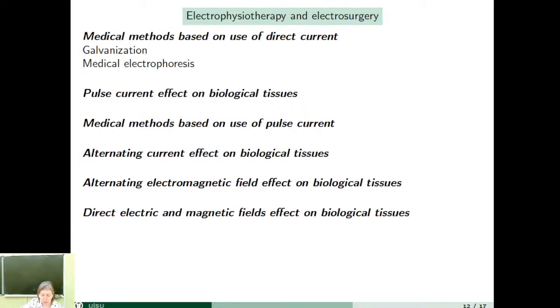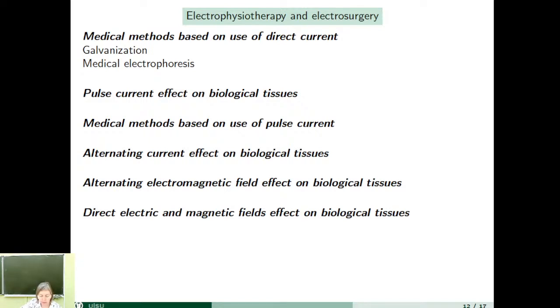Negative ions shift to the opposite side and accumulate in other parts of tissue. So the main mechanism of direct current effect on biological tissues is change of ion concentrations in different parts of tissue in comparison with common concentration.